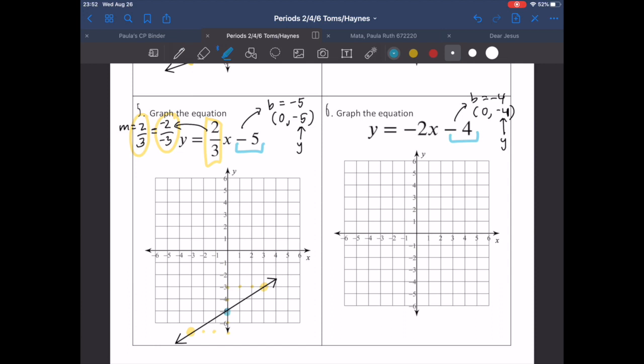So let's look at 0, -4. 0, and then -4 going down, boom, there's our -4.